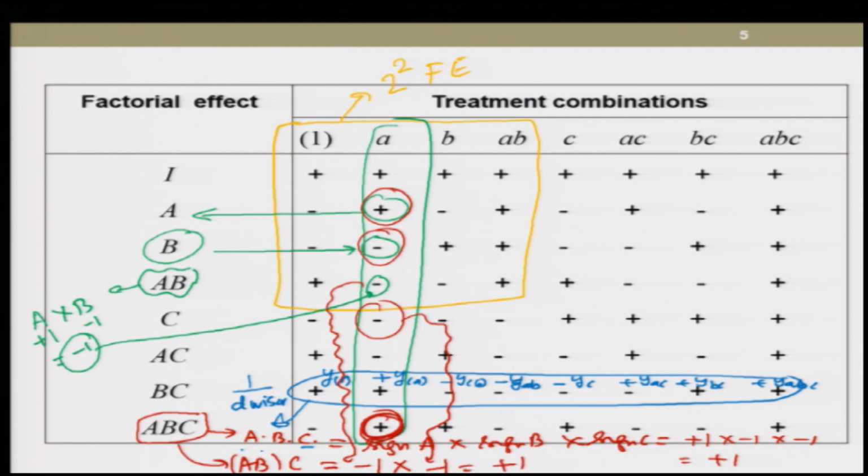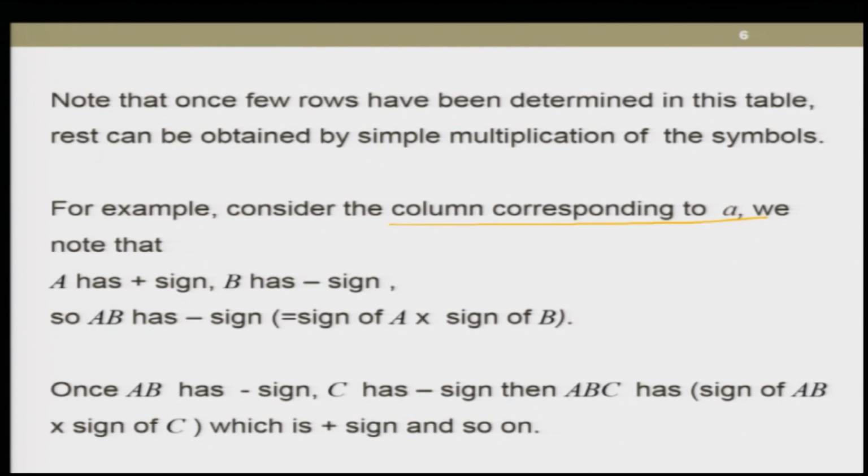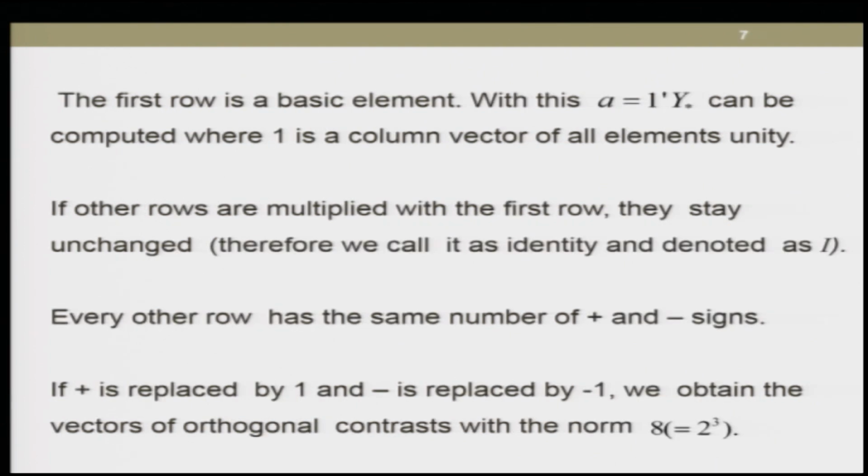So this is how we can obtain different types of signs from this table, and that is the advantage of creating such a table: once you create some of the rows and columns, the others can be obtained by the simple multiplication of other symbols.